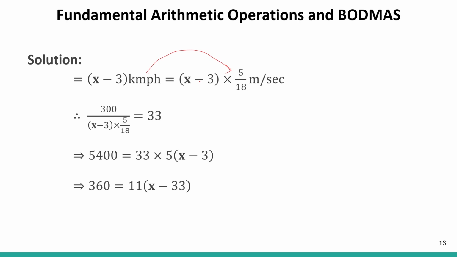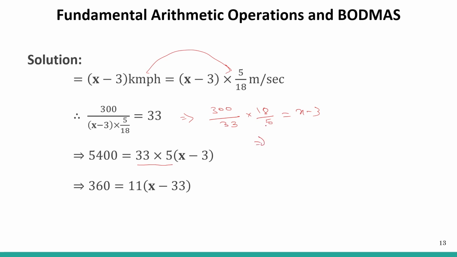So 300 by (x minus 3) into 5 by 18 is equal to 33 will be the algebraic equation to solve. So 5400 is equal to 33 into 5 into (x minus 3). This implies that 300 by 33 into 18 by 5 is equal to x minus 3.